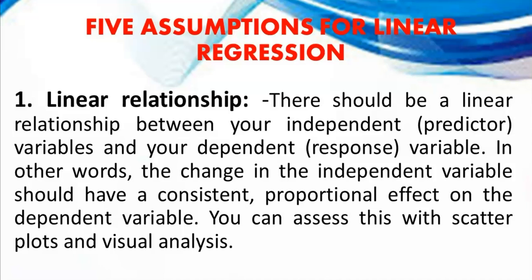In other words, the change in the independent variables should have a consistent proportional effect on the dependent variables. You can assess this with a scatter plot and visual analysis using SPSS. As time goes on, we will look into that.